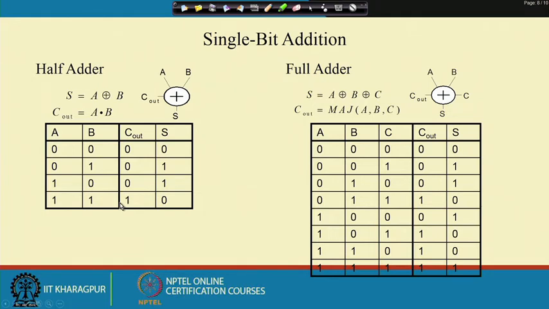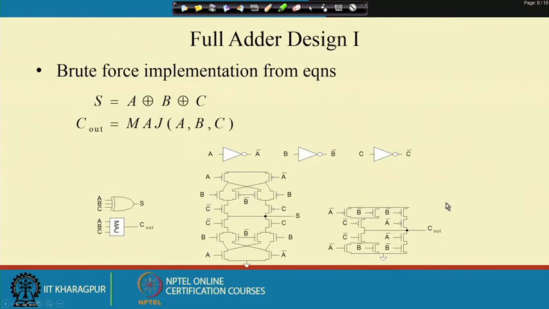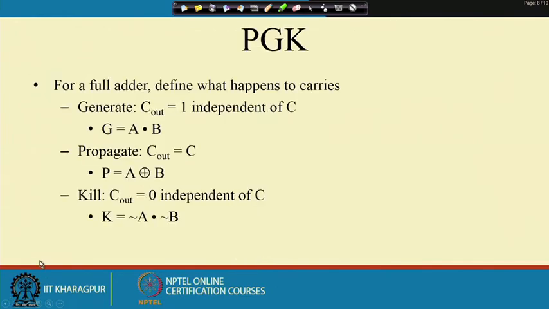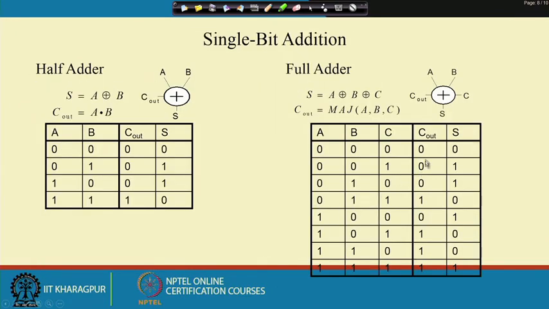Okay. So, here also you see that the sum is A XOR B XOR C. And for carry, if I put it into a Karnaugh map, the logic will be AB plus BC plus CA. There is another logic for the C out too, which we will come to just after a few slides.